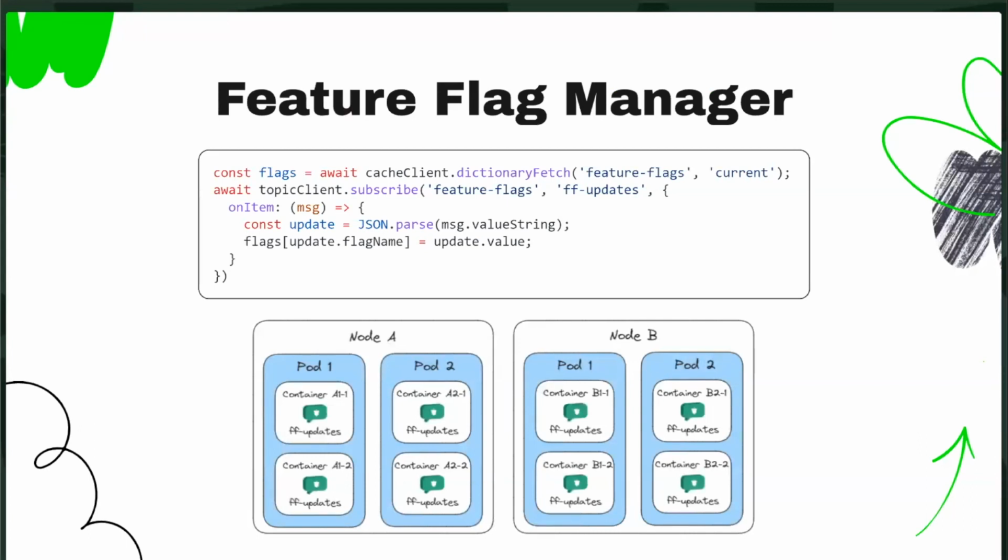We'll use Momento Cache for this for obvious reasons, and it'll load that entire object. The very next thing it does is subscribe to the feature flag update topic to say, whenever I get a message on this topic, I'm going to update my feature flag configuration object. So I'm going to be receiving deltas, the feature flags that have changed, and I'm going to update my big feature store. That's what these containers are doing on startup.